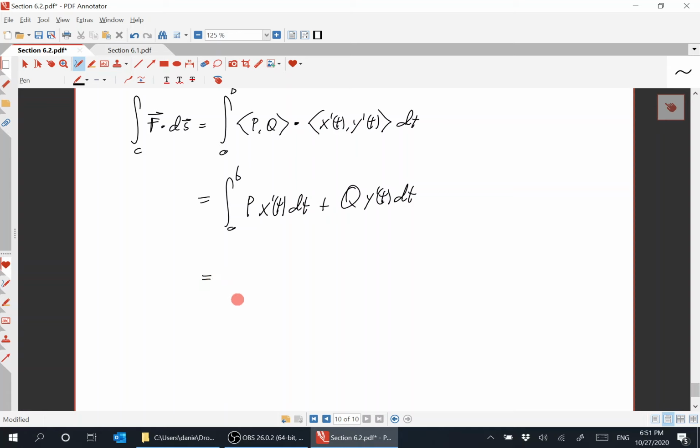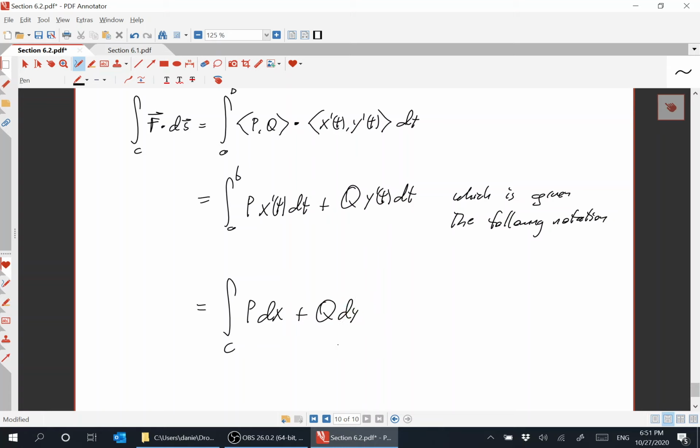Which has this special notation: the integral over c of p x prime of t dt, just call it dx, plus q y prime of t dt, just call it dy. Or the integral over c of p dx plus the integral over c of q dy.